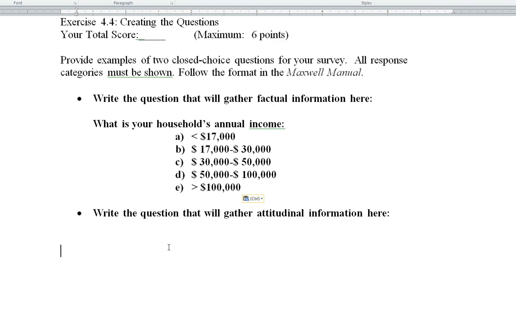Now, let's say we also want to write a related attitudinal question. What could we write here? Well, we could ask, for example, what people think about different government programs. For example, you could ask, do you think that food stamps is a wasteful government program?